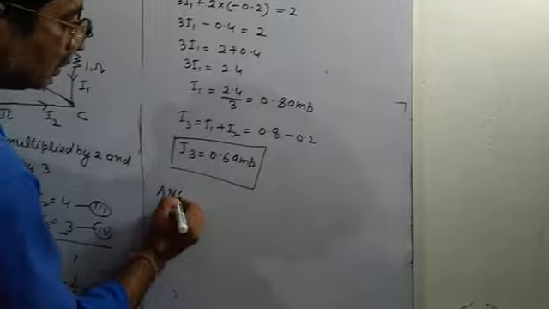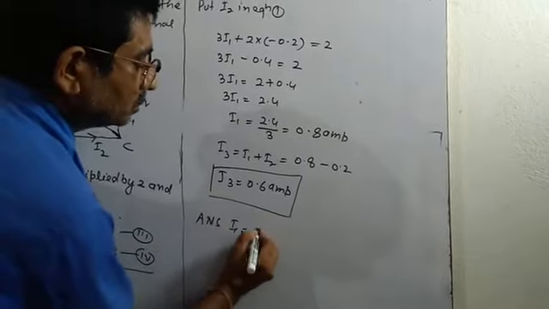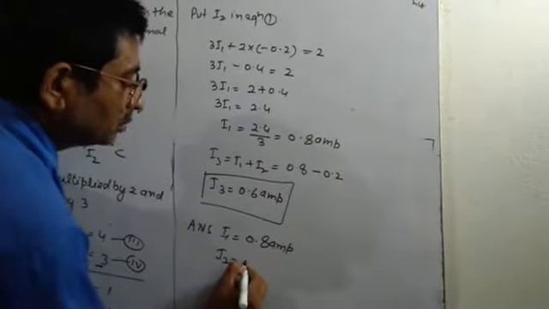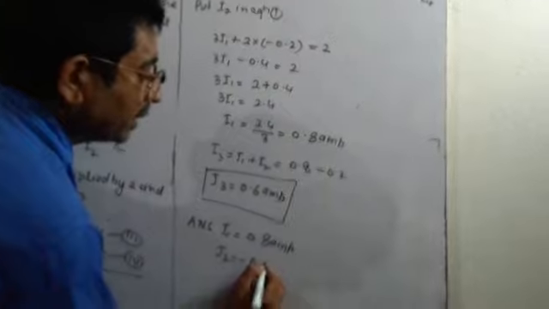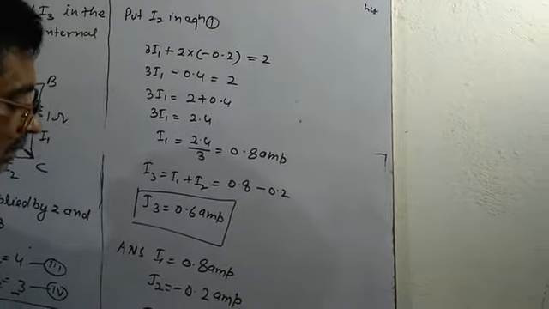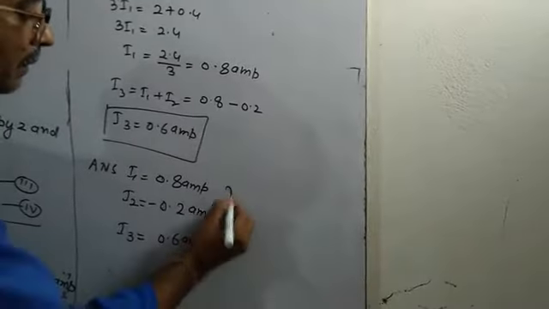Answer: I1 equals 0.8 ampere, I2 equals minus 0.2 ampere, and I3 equals 0.6 ampere.